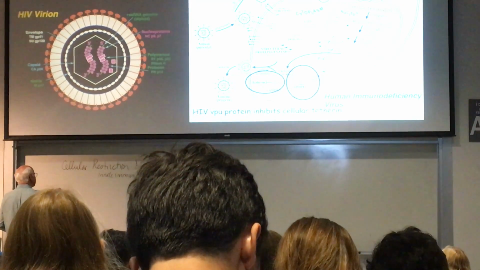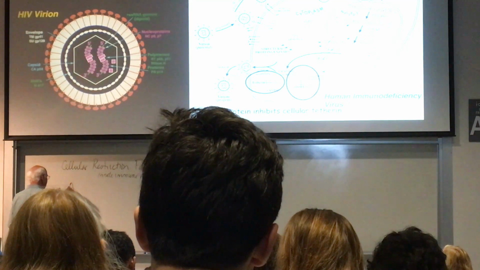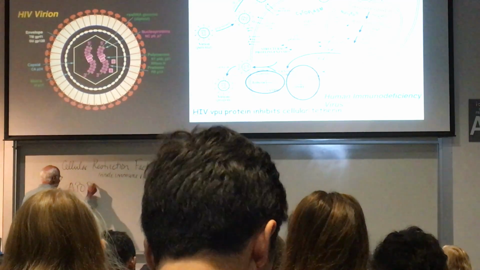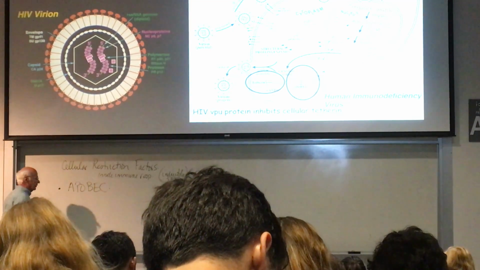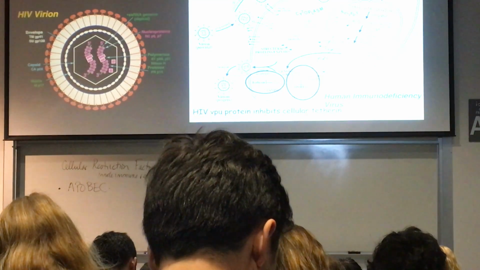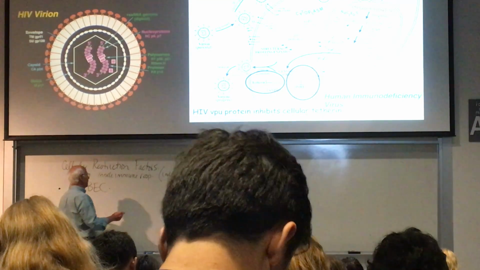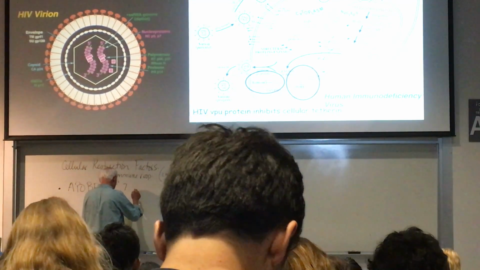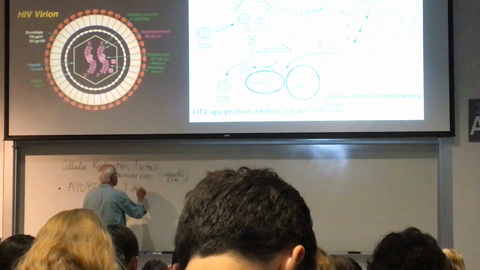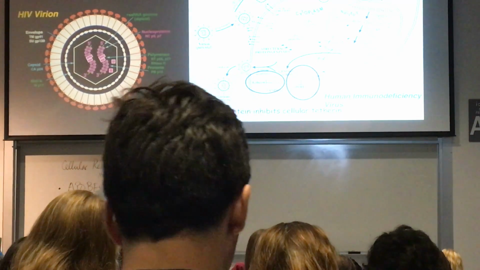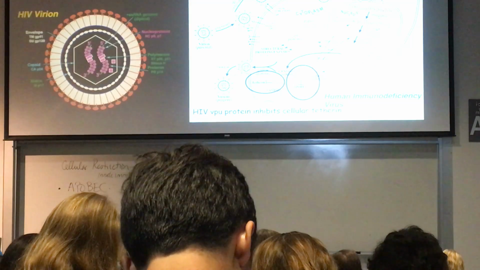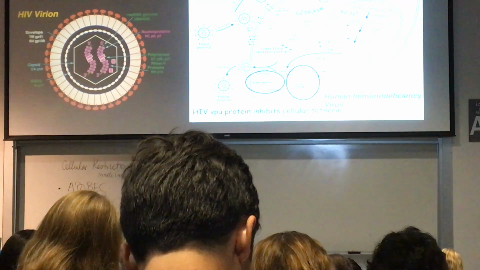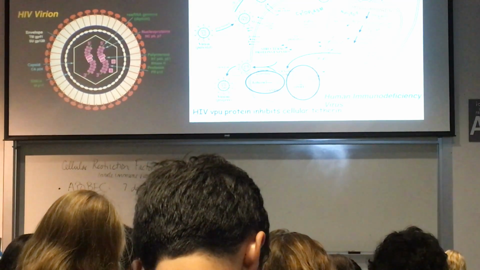One of them you considered in section, and that's ApoBec. The ApoBecs are a family of deaminases. There are 7 of these deaminases, and they deaminate cytosine to uracil.